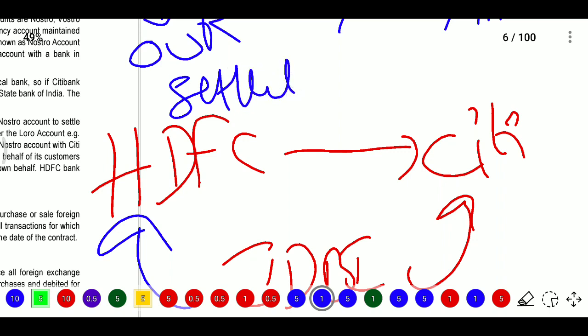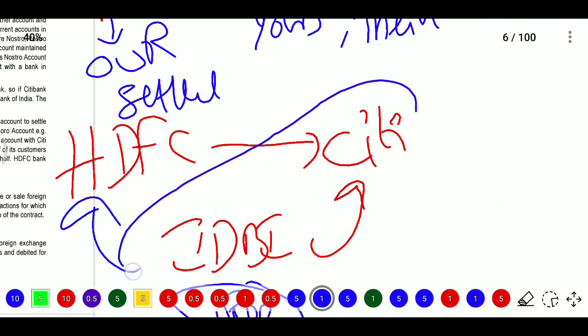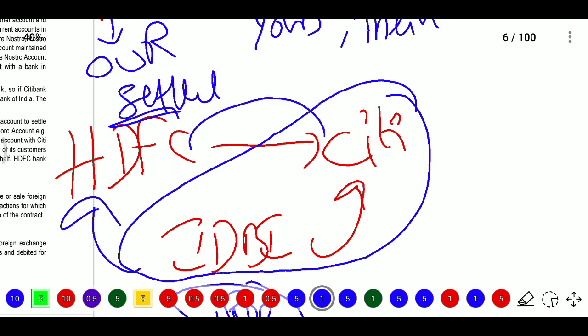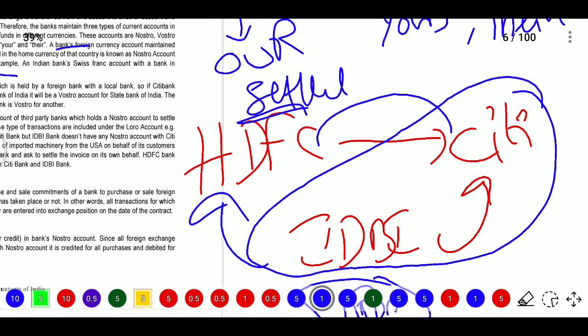HDFC works as an intermediary between Citibank and IDBI Bank. It is acting on behalf of the two parties, so this account is their account. Then it is known as a Loro account.